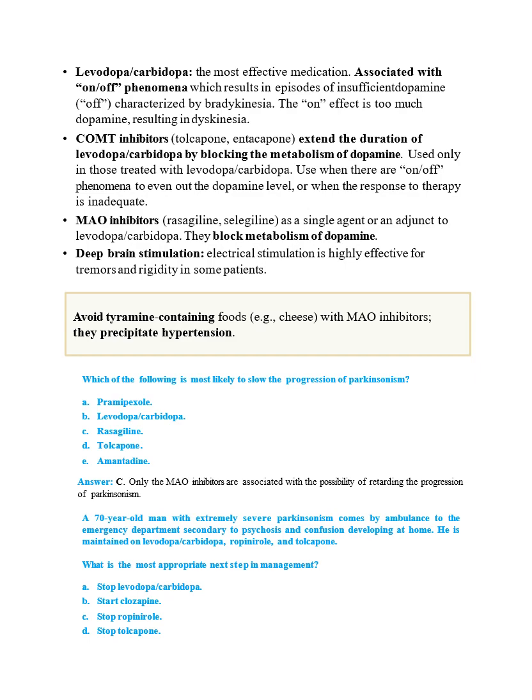Our next clinical question is, we have a 70-year-old man with extremely severe Parkinson comes by ambulance to the emergency department, secondary to psychosis and confusion which develop at home. He is maintained on levodopa, carbidopa, ropinirole, and tolcapone.